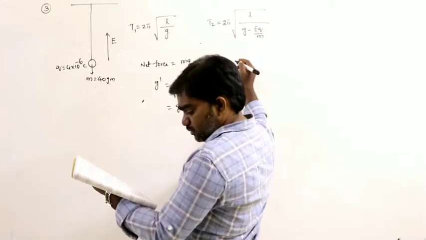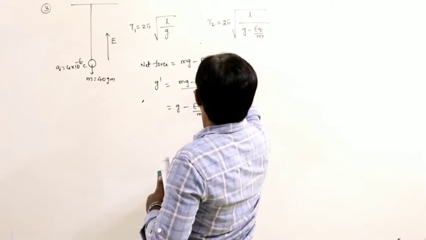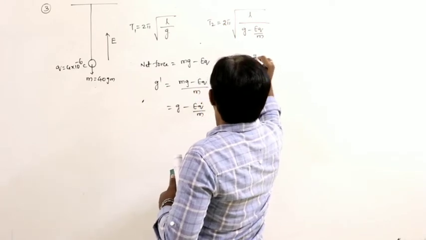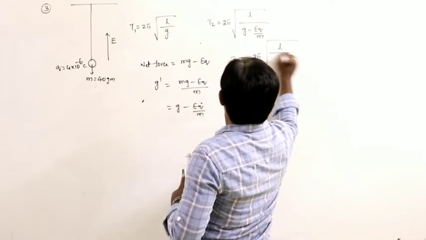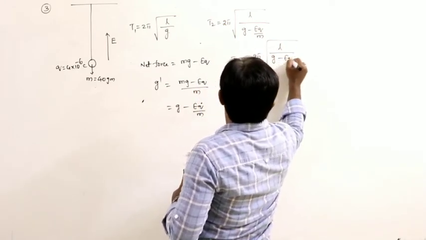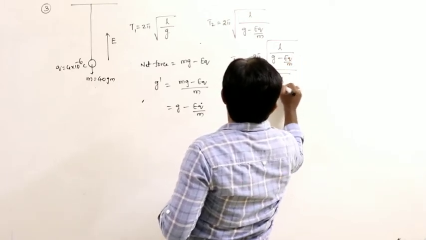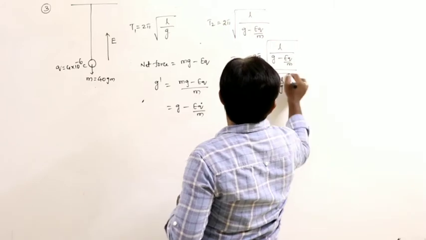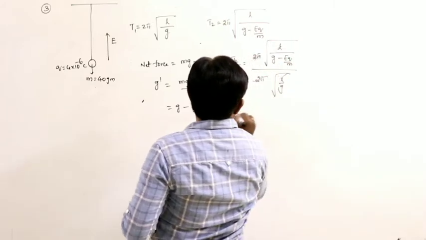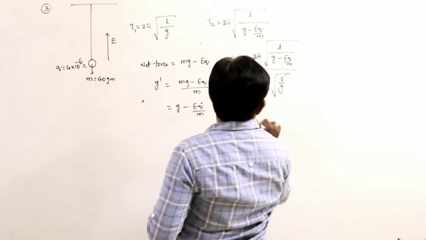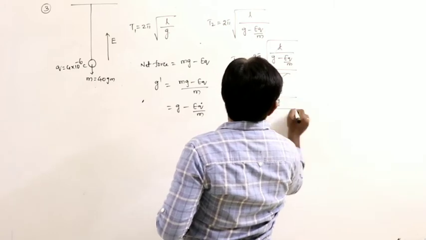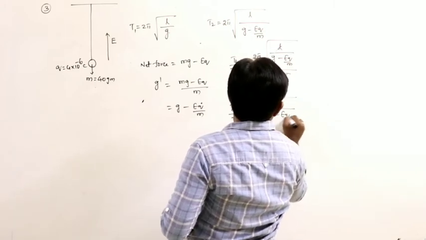So now we have to calculate T2 by T1. That is 2 pi under root L by g minus EQ by m, divided by 2 pi into under root L by g. 2 pi gets cancelled, L gets cancelled. So T2 by T1 is equal to under root g by g minus EQ by m.